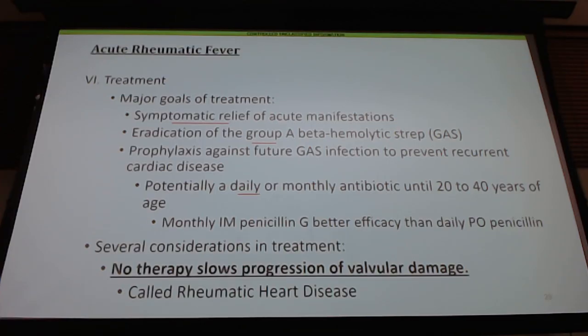This is something that they're going to do for 10 to 40 years, depending on how severe their symptoms were. Because we want to make sure that we're getting them out of that age range of where folks get strep infections, so that they don't have a recurrence of rheumatic fever.